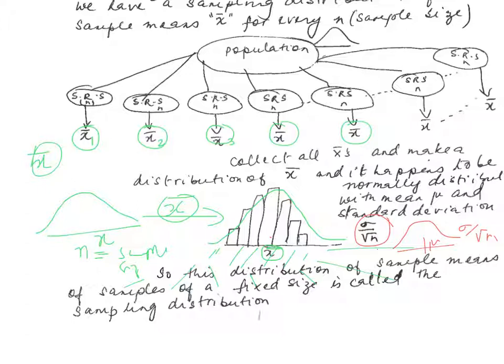So we start off with a normal distribution with center mu and standard deviation sigma, and using that we find a new normal distribution with center mu and standard deviation sigma over radical n. If the variable here is x, the variable here is x bar. So the distribution of x bar has mean mu and standard deviation sigma over radical n, and this is called the sampling distribution.